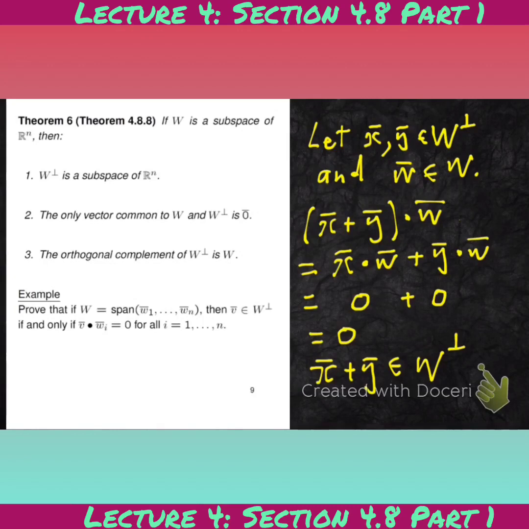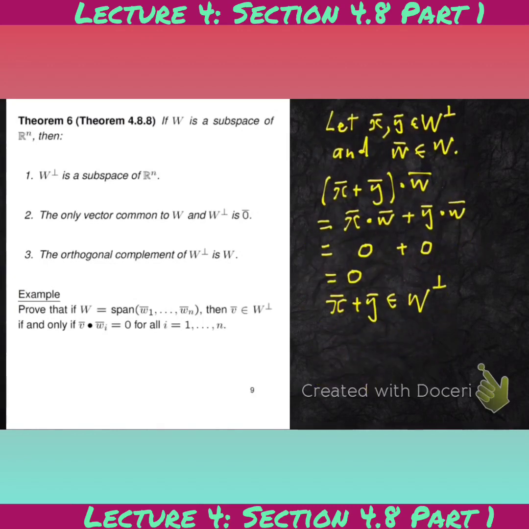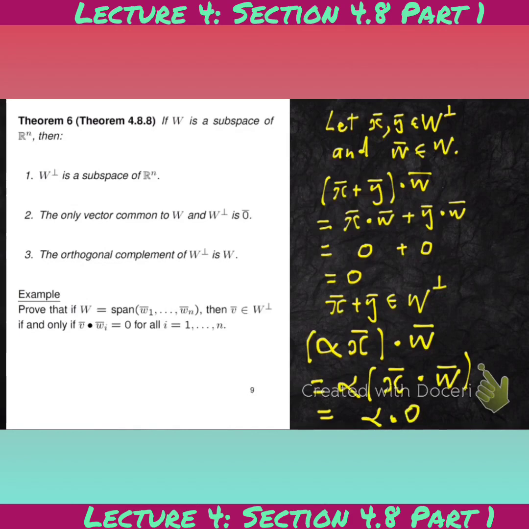of W. All right, so to check closure under scalar multiplication, take a scalar multiple of the vector x bar, and we are going to check if it is still orthogonal to every arbitrary vector in capital W. By the scalar multiple dot product equations, that becomes the scalar multiple of the dot product between those two vectors, and because x is orthogonal to W, we get alpha times 0.